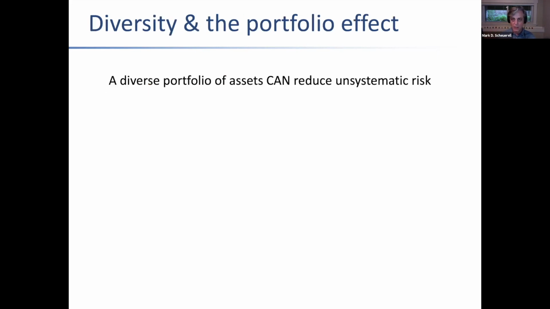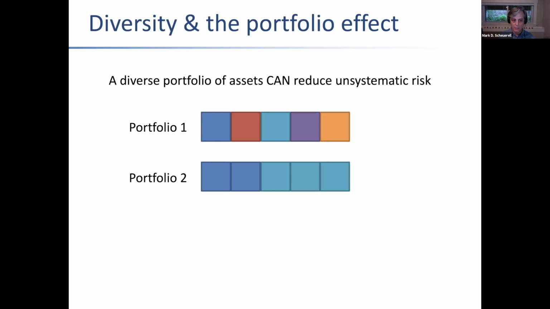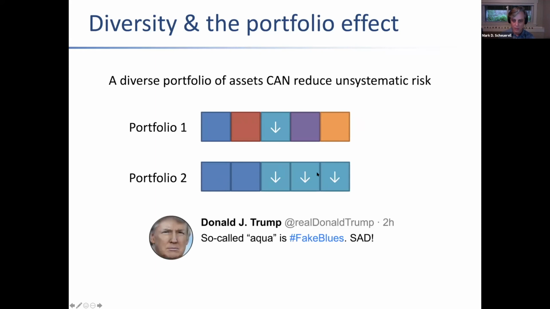So the idea is that if you have a portfolio, you should be able to reduce that unsystematic risk by doing something like this, right? Here's two portfolios. This one has 5 colors, 1 unit of each. This portfolio has only 2 different colors, 2 of these blues and 2 of these. Now imagine we had some large market force.